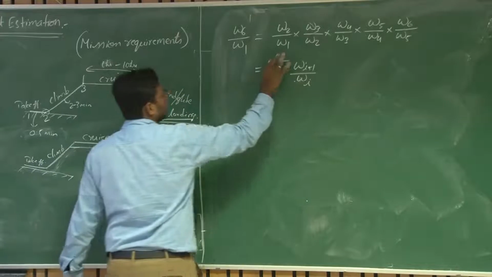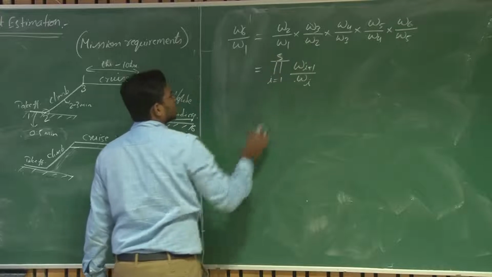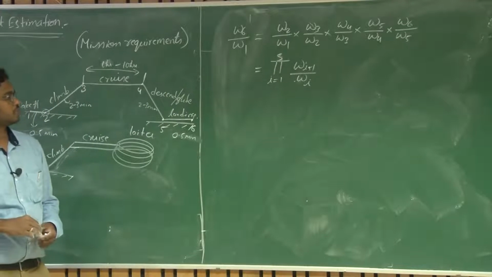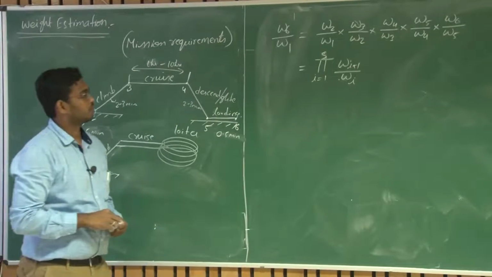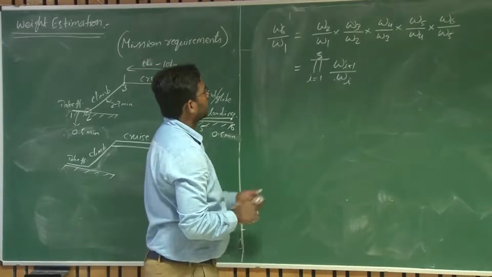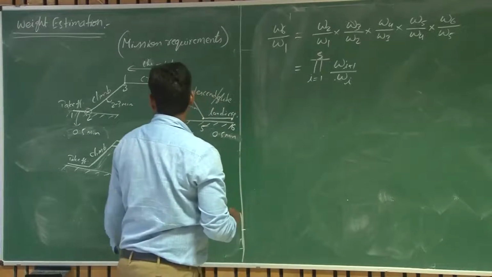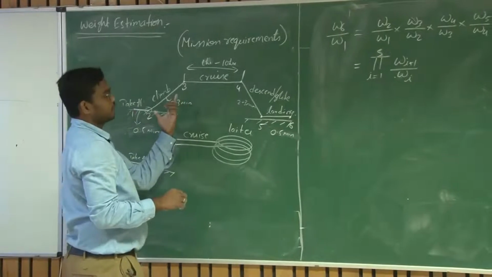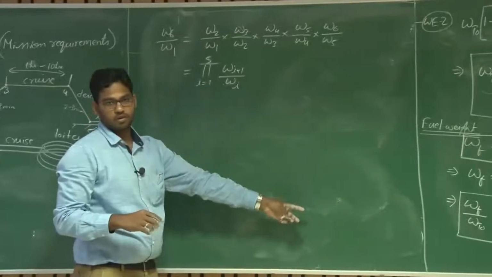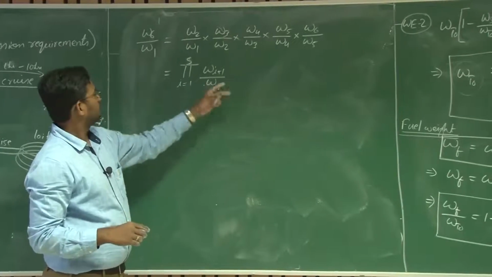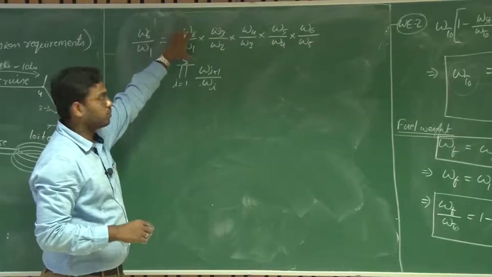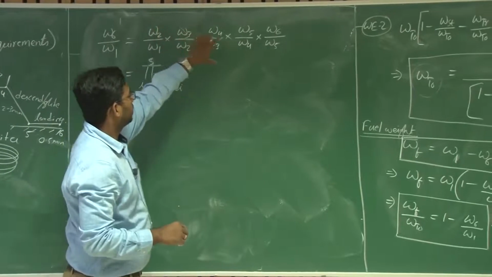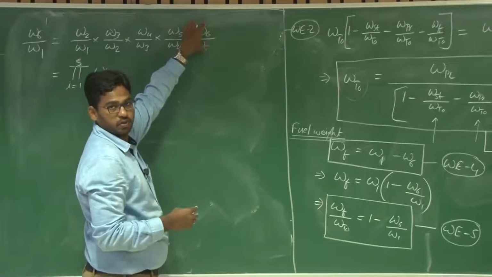One to 5, right? So in this case, we just witnessed from the table with the historical database what W2 by W1, W3 by W2, W5 by W4 and W6 by W5 are.